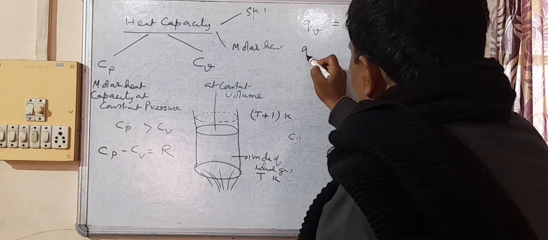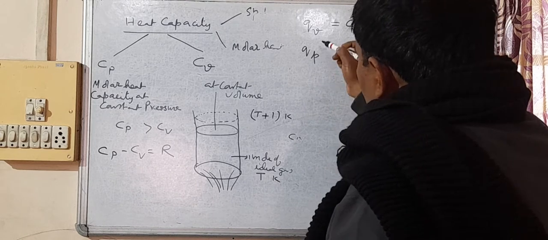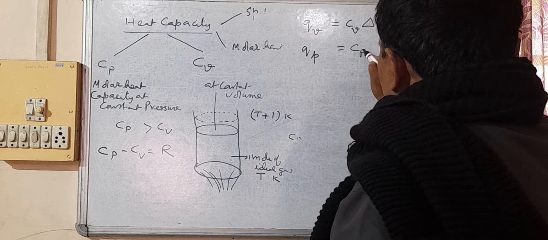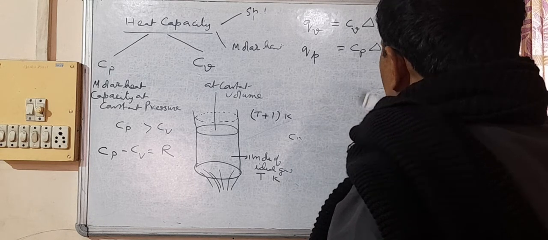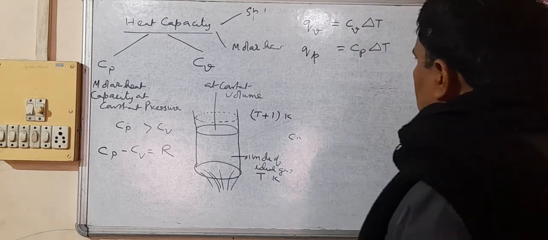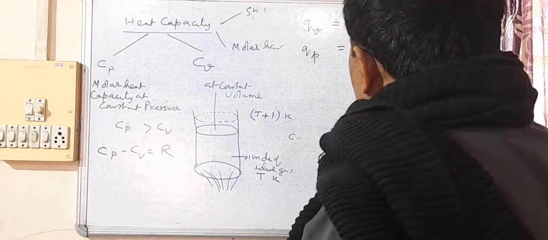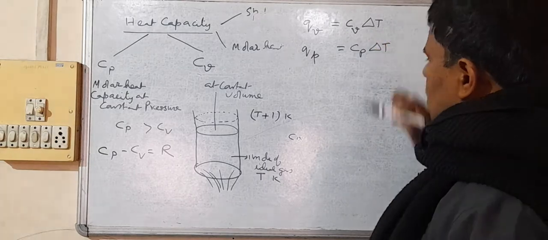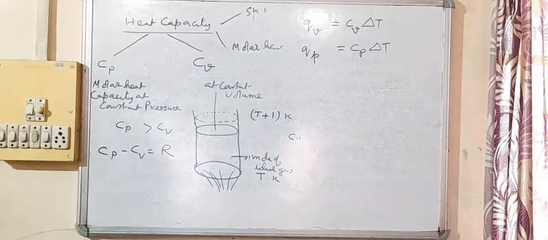Similarly, we can write Qp, the process at constant pressure, will be Cp into delta T. Okay, we have here 1 mole of gas. So this is the relation that we can write.